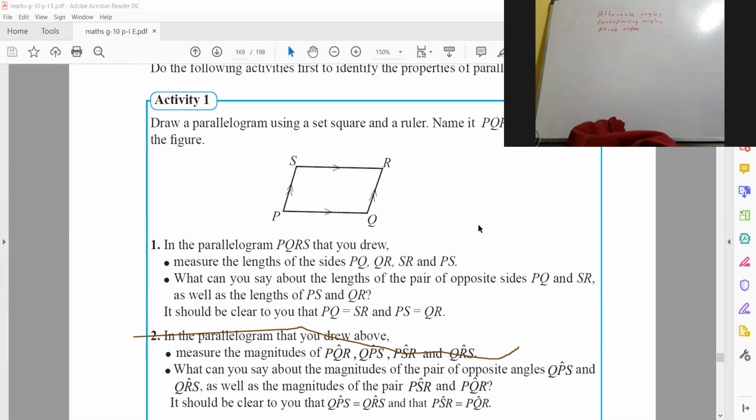These angles are very useful when solving problems related to parallelograms, right? I will tell you what these angles are first.